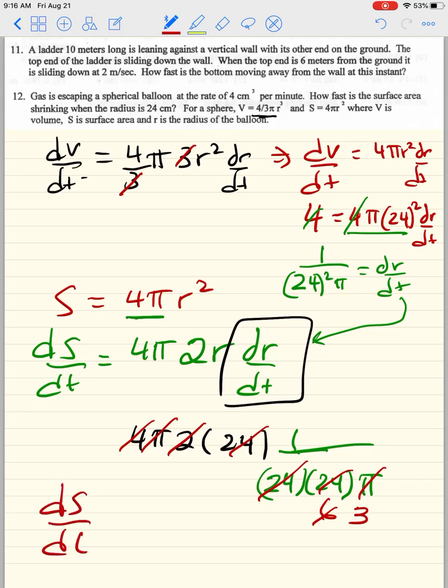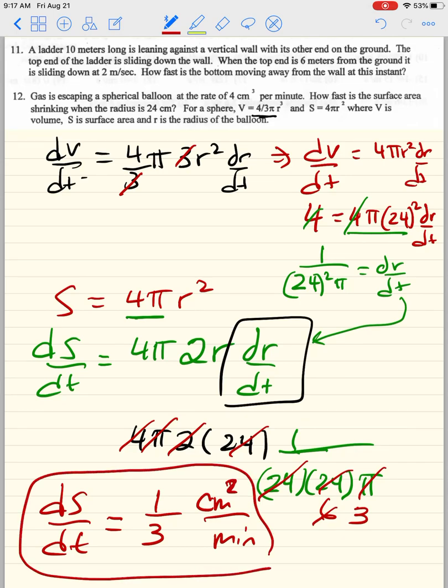This entire time, I didn't need a calculator for all these big numbers because I knew a lot of things canceled out. So many times, don't even multiply everything. Just see if things in the numerator cancel out with things in the denominator. You're left with 1/3, and we know it's dS/dt, and the time is minutes on the bottom, and surface area, so square centimeters. So this is our answer.